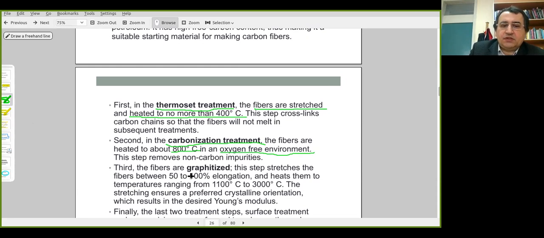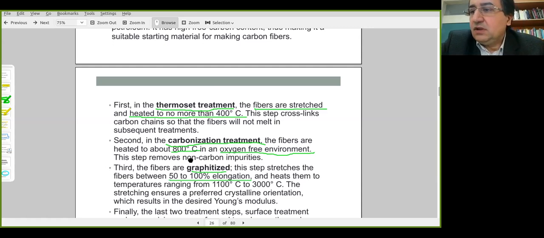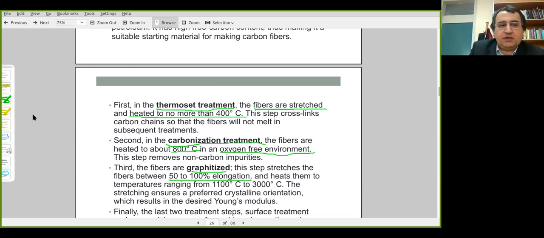In the third step, graphitization, additional stretching is applied, and elongation up to 100% is experienced by the fiber. The temperature is increased further, up to 3000 degrees Celsius.